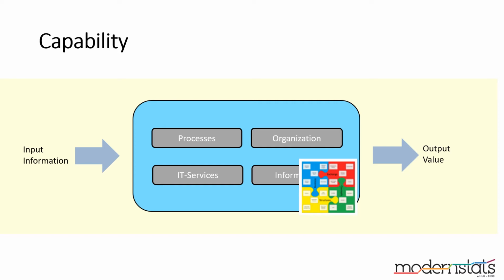Many times the capability is built of many IT services. Some of them we develop ourselves, but there could also be IT services that we purchase from third parties. Hopefully we can also plug in IT services that are developed in the sharing tools initiative.